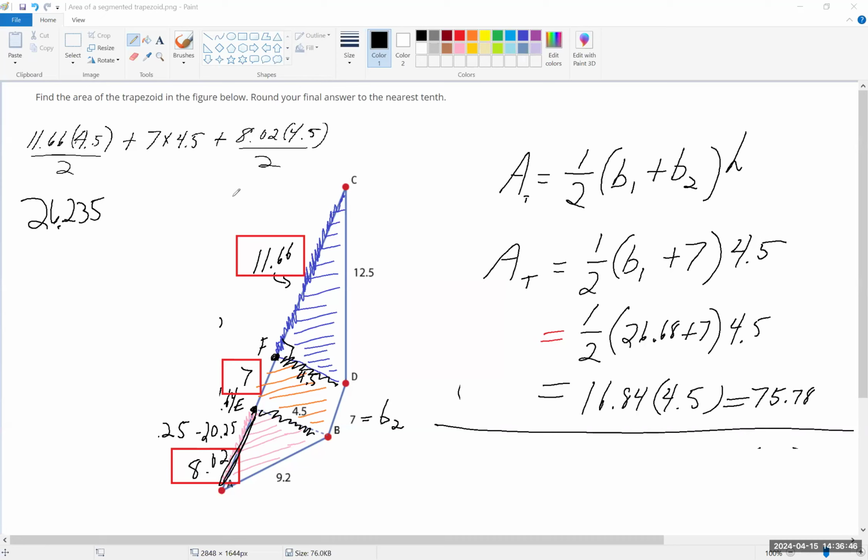That's 18.045. And then we've got the 7 times the 4.5. 31.5.